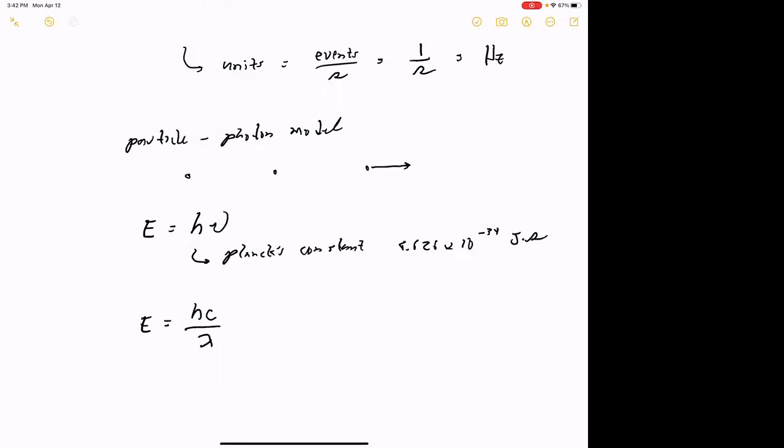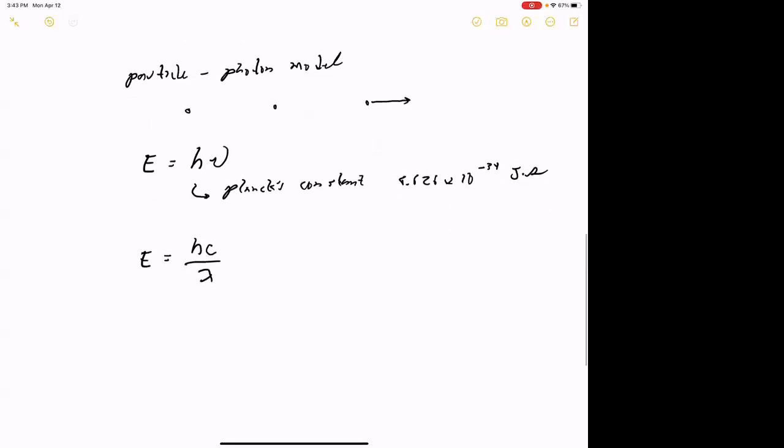So we can think about the energy either in terms of frequency, right, because they're proportional to each other if we're using the wave model, or in terms of the actual energy of the photon if we're talking about the particle model. All right, everybody good with that? And again, this is stuff you probably learned back in bonding last semester or whenever you took it.